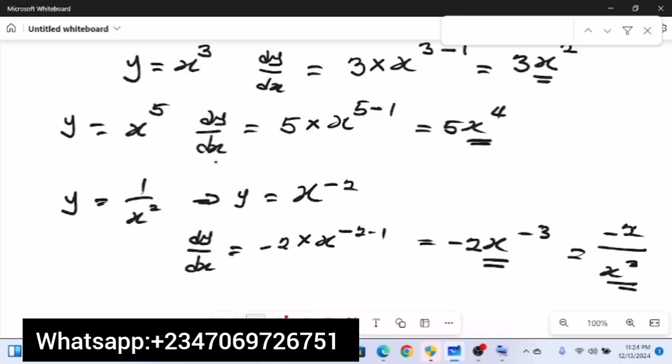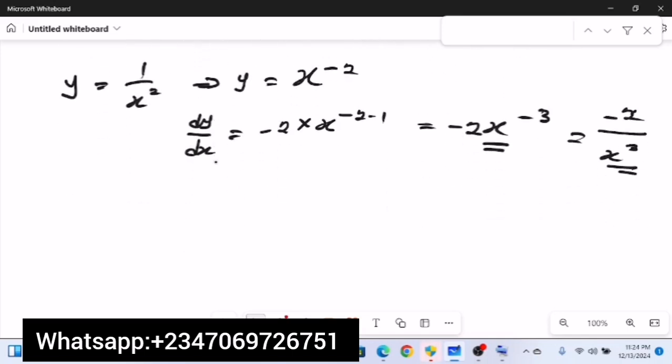Okay, let's try one more example before we call it an end. Let's say y is equal to 1 all over x, and we are asked to find dy/dx. Remember, the first thing to do in this case is to convert this fraction into a function of power.